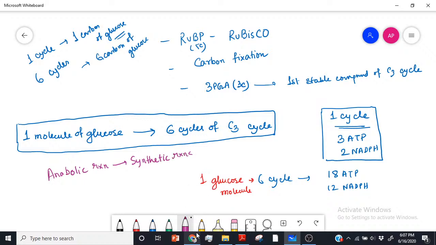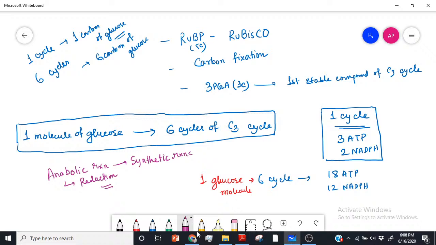In the dark reaction or light independent reaction, the proper anabolism takes place, and anabolism also means, most of the time, reduction. Since the proper reduction of carbon occurs in the dark phase, the main anabolic reaction is in the dark reaction.